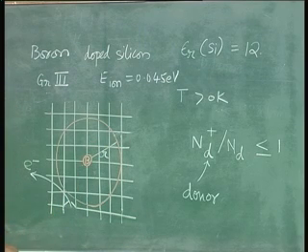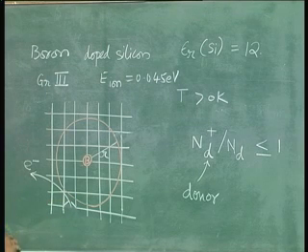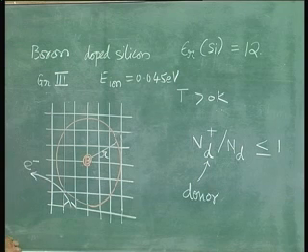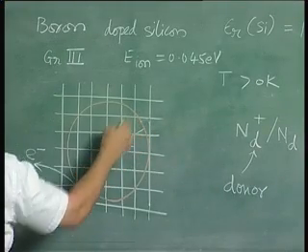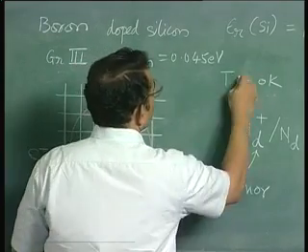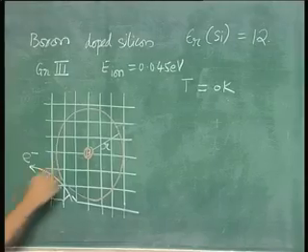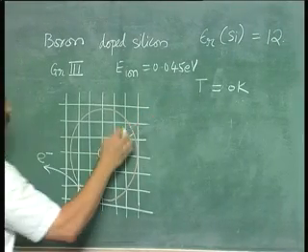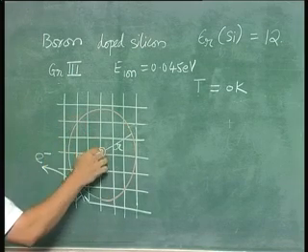Now let us redraw this part of the picture to understand how I can say that at T equal to 0 K, you can have a hole revolving around a negatively charged boron atom.